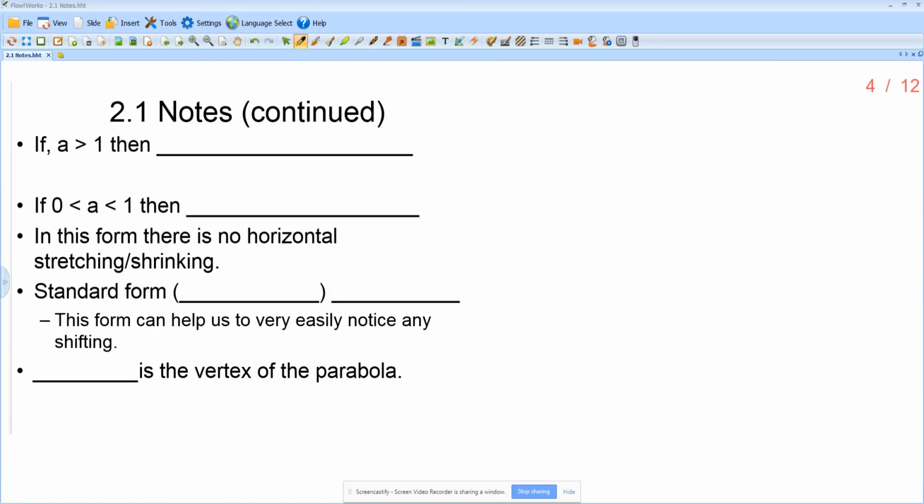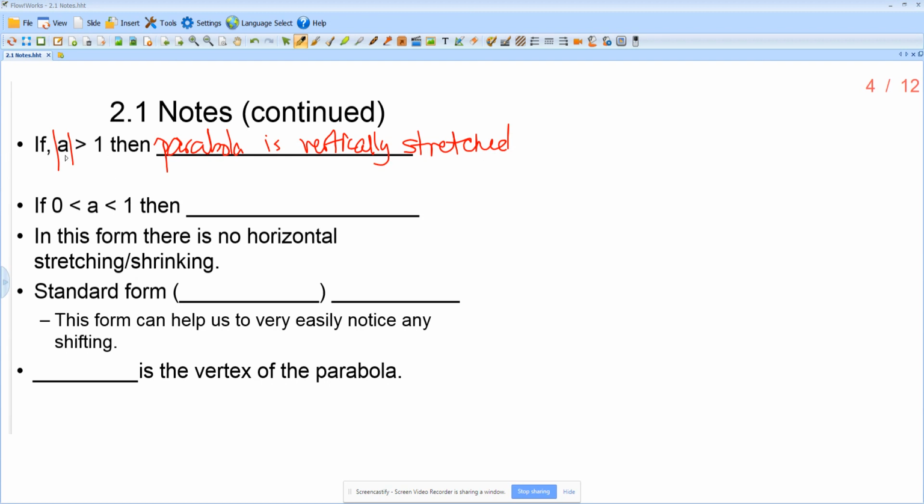So talking about stretching and shrinking, if the absolute value of a is greater than 1, then the parabola is vertically stretched. Remember that when we're talking about stretching and shrinking, with things that are vertical, they're not counterintuitive.